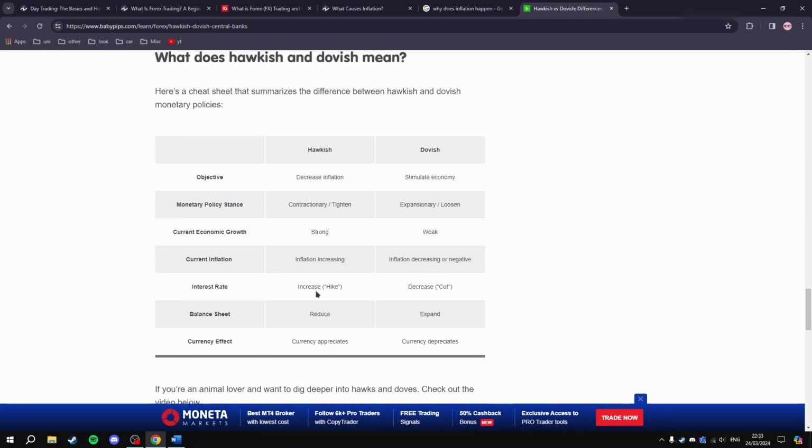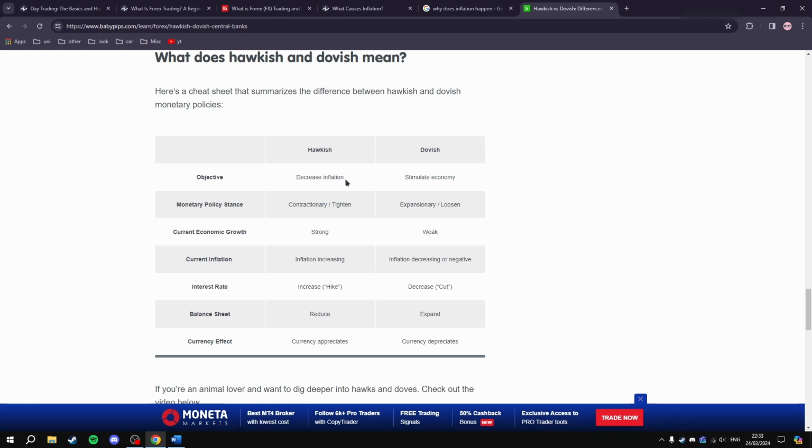Interest rates: so hawks increase interest rates, doves decrease interest rates. Current inflation: so hawk, inflation increasing, so increases inflation.